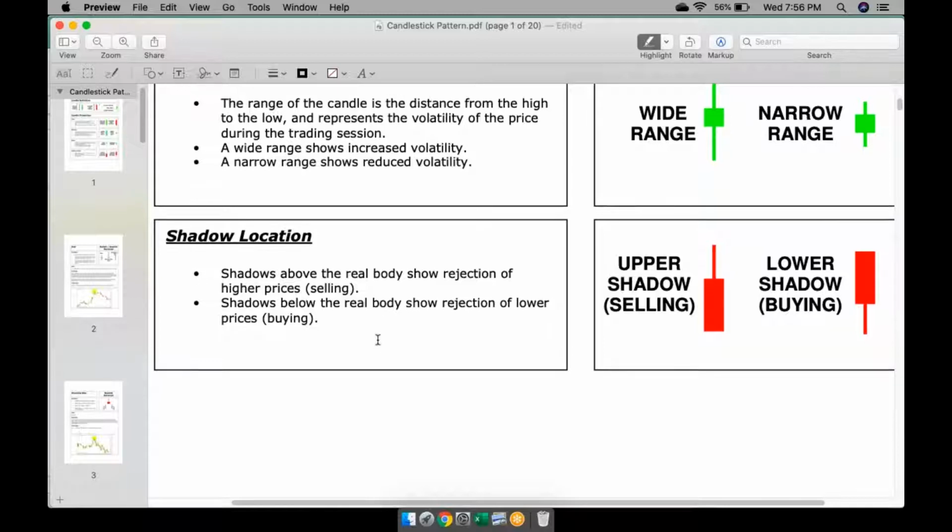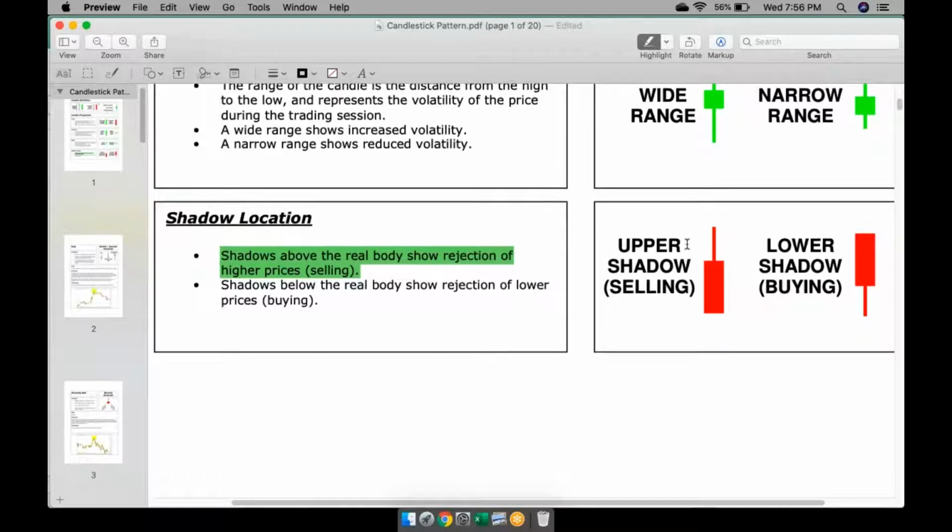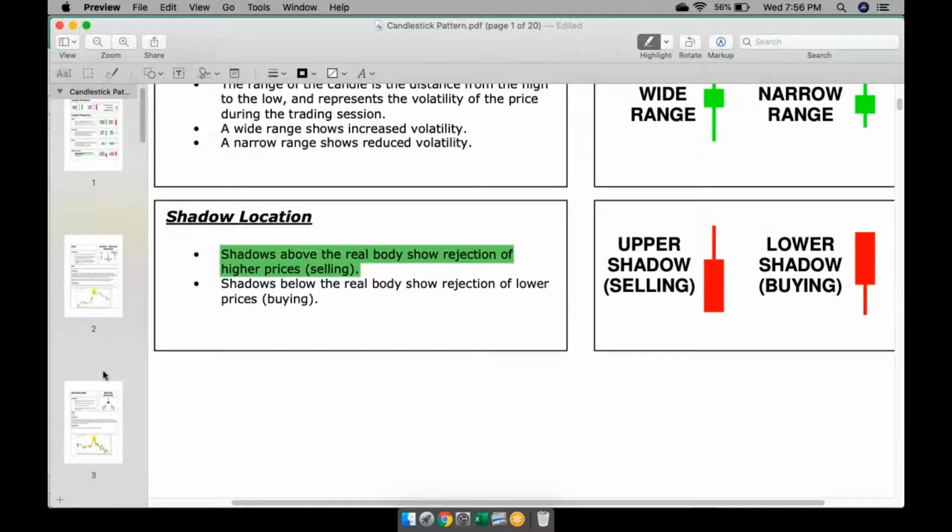Next, shadow location. A shadow above the real body shows the rejection of prices. Now this is the place where OHLC comes into play. Listen carefully. Here we can see the upper shadow.